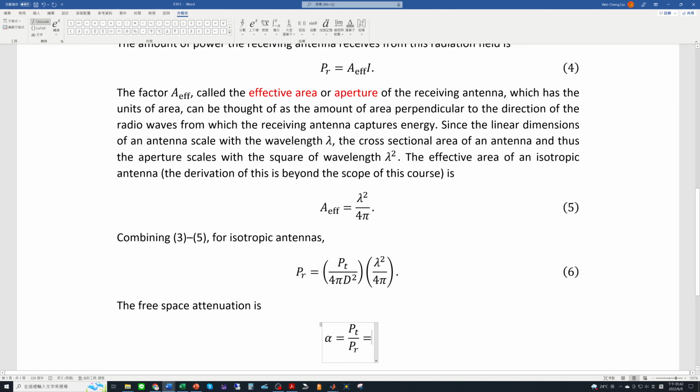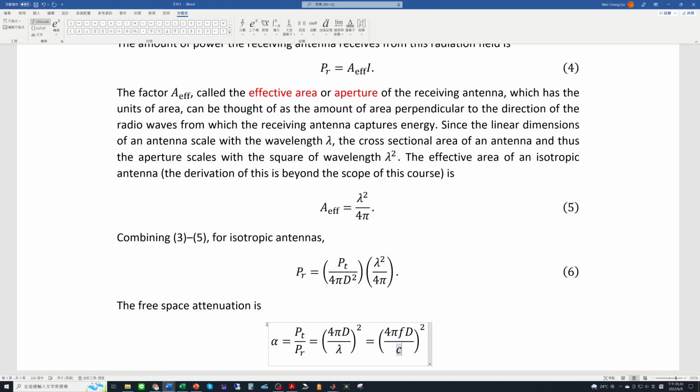So it is equal to (4 pi d over lambda) squared, which is equal to (4 pi f d over c) squared. So this is equation 7.